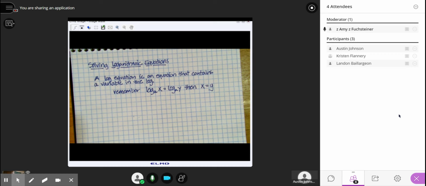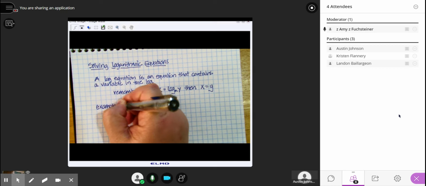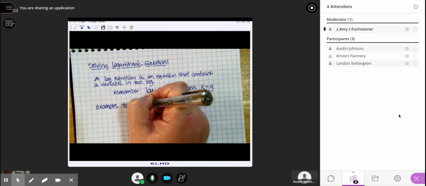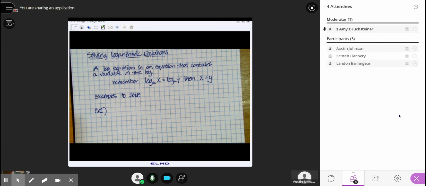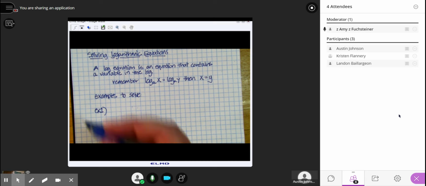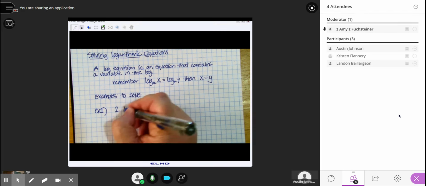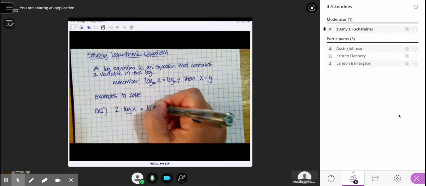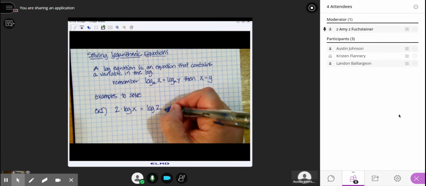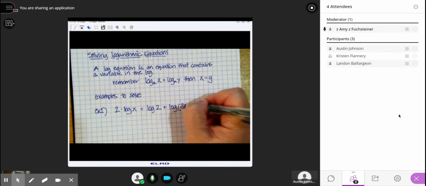So what does that look like? This should be 2 times log of x is equal to log of 2 plus the log of 3x minus 4.